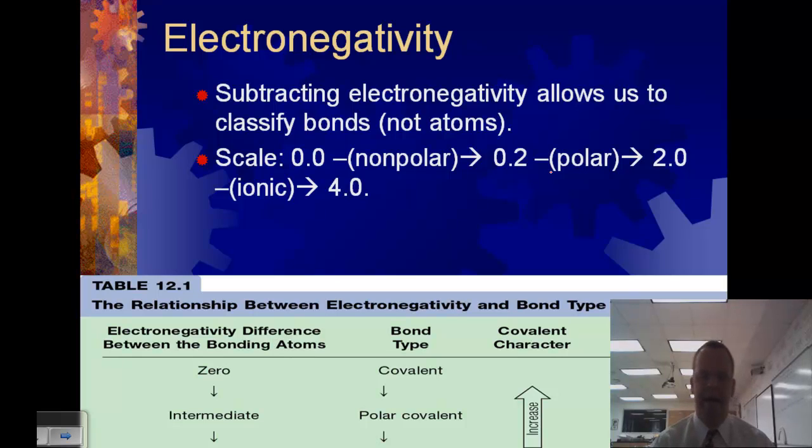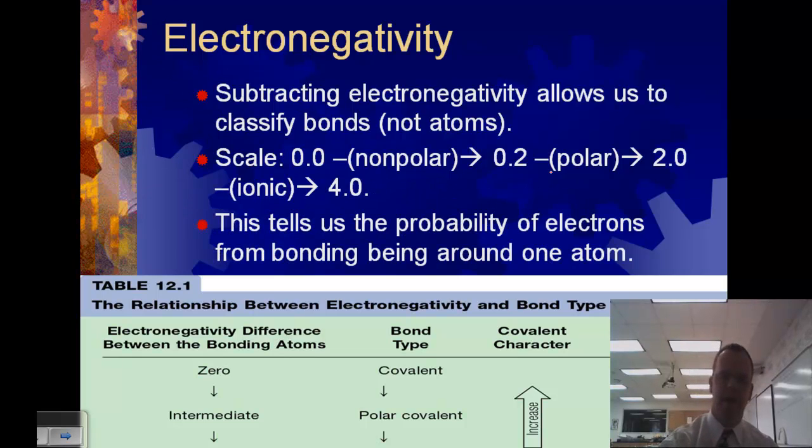So the more ionic character, the further away they're going to be on the periodic table, the bigger the difference in electronegativity. And this tells us the probability that the electrons will be around one atom versus the other. So the higher electronegativity value atom will have the electrons around that atom more often than the lower electronegativity atom.